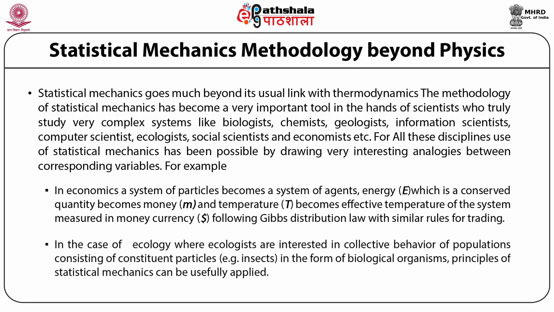In the case of ecology, where ecologists are interested in collective behavior of populations consisting of constituent particles, for example insects, in the form of biological organisms, principles of statistical mechanics can be usefully applied.